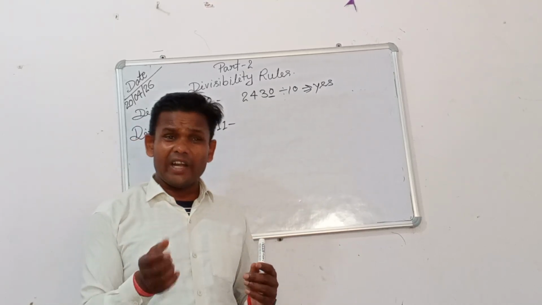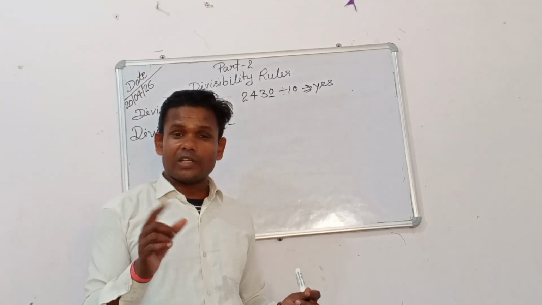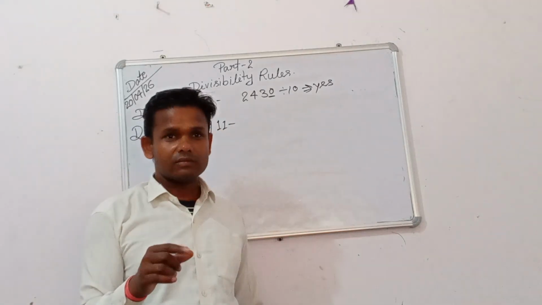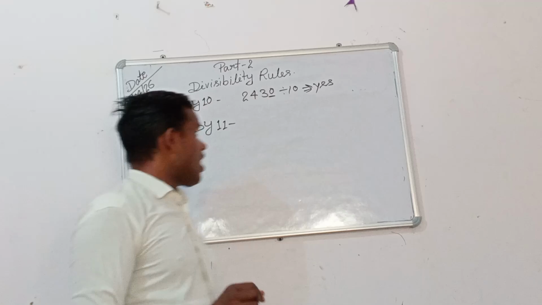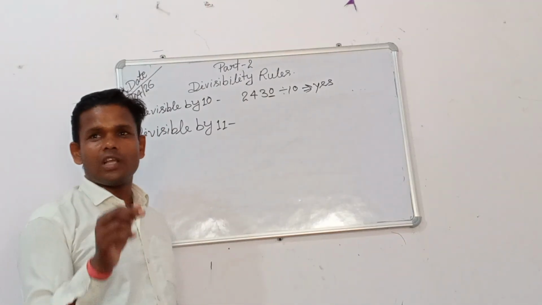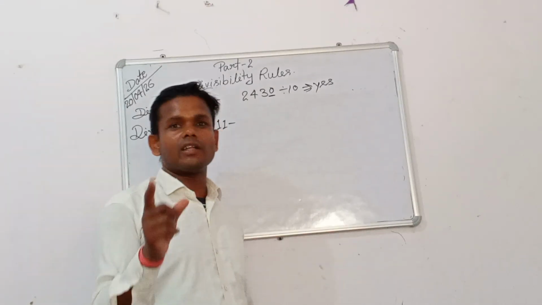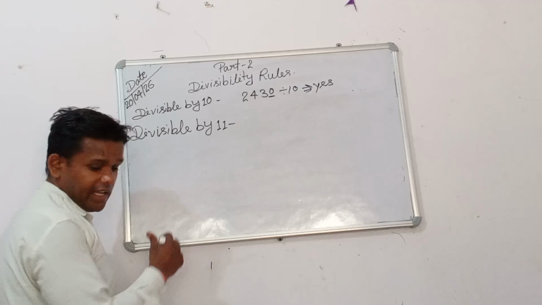If the difference is 0 or completely divisible by 11, then the given number is completely divisible by 11. Or in other words, if the difference is a multiple of 11, then that number is completely divisible by 11. Here we take an example.